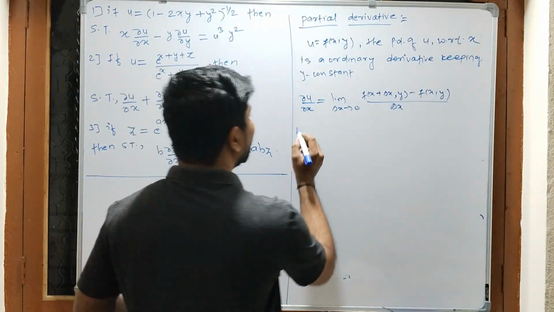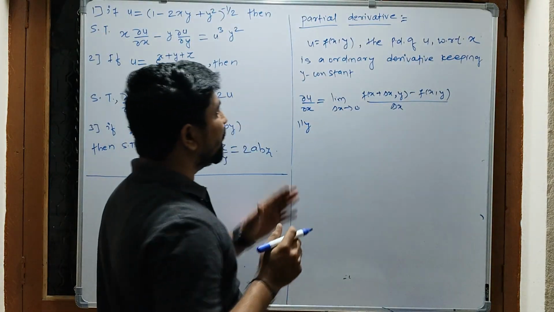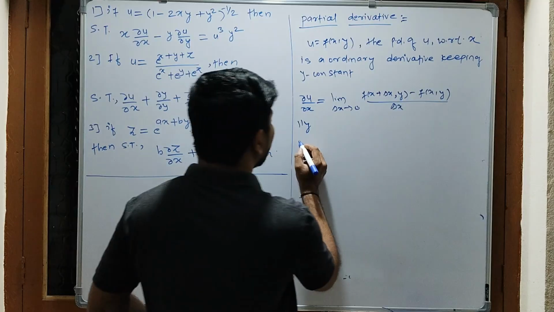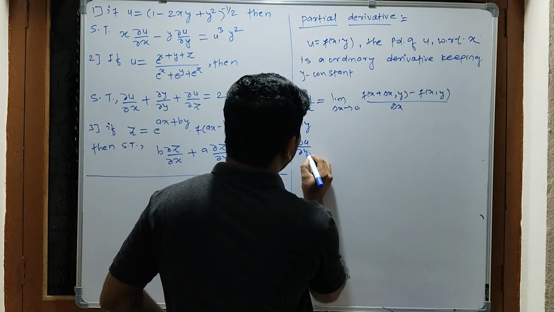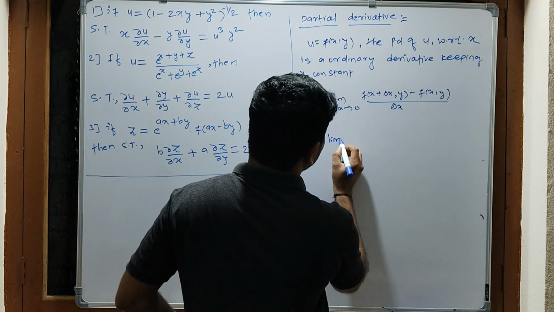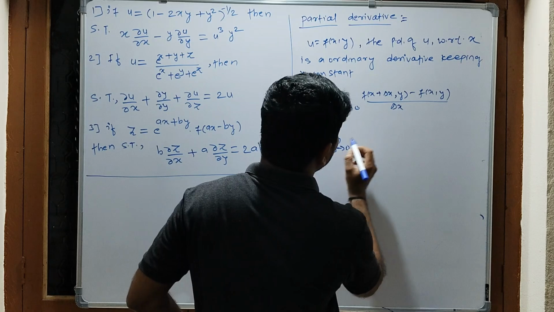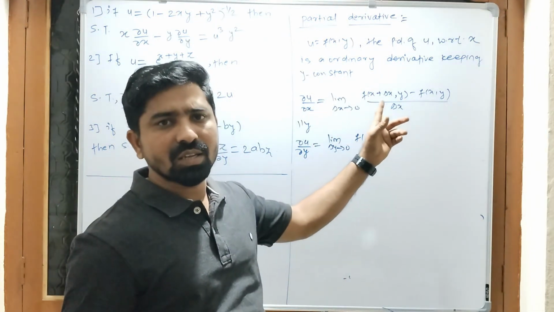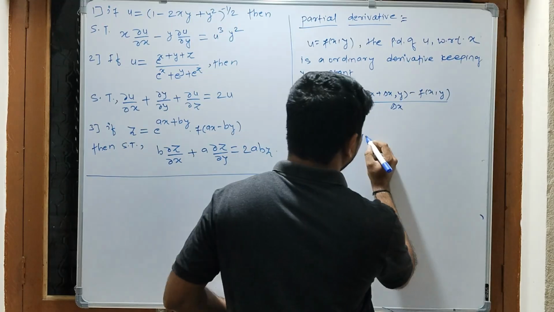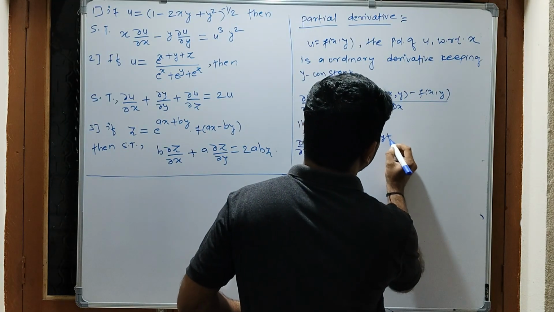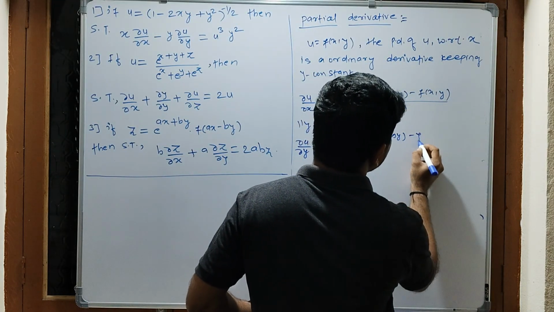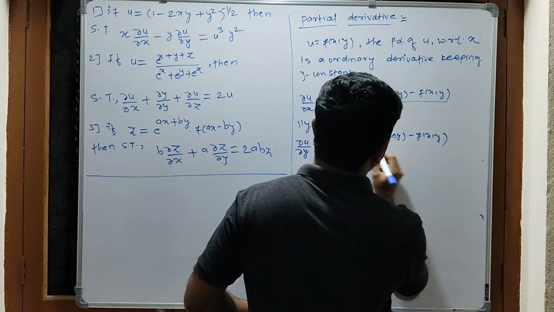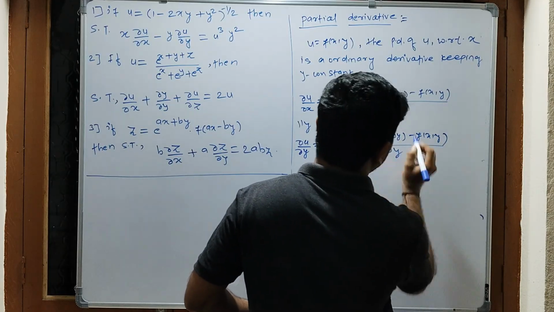Similarly, the partial derivative of u with respect to y, dou u by dou y, equals the limit as delta y tends to 0 of f of x comma y plus delta y minus f of x comma y, divided by delta y. At that time x remains the same, as a constant.